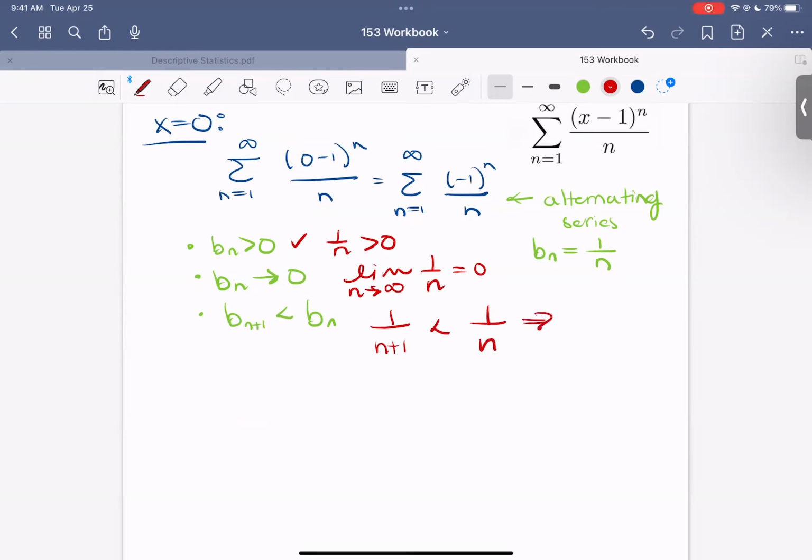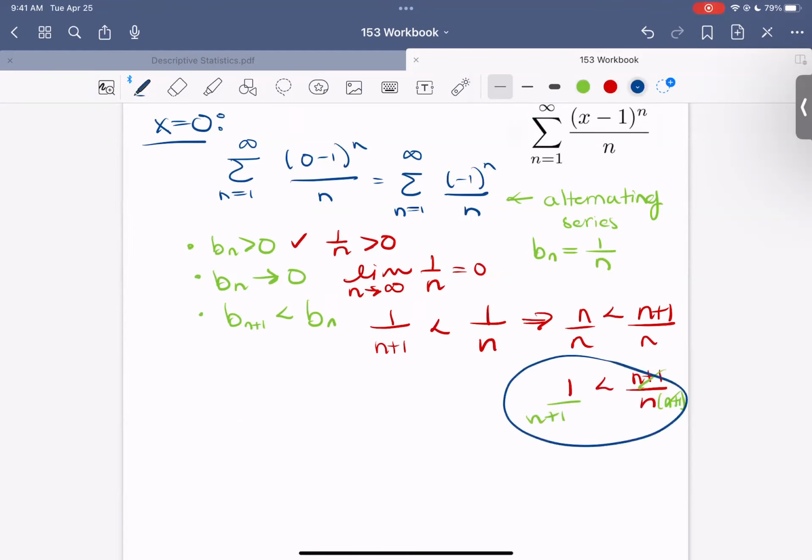We can check that in many ways. We see that n is less than n plus 1. So when we divide both sides by n and n plus 1, or maybe we'll do 2 steps. Divide by n, we get 1 is less than n plus 1 over n. If we divide by n plus 1, those n plus 1s cancel, and we get that inequality that we want.